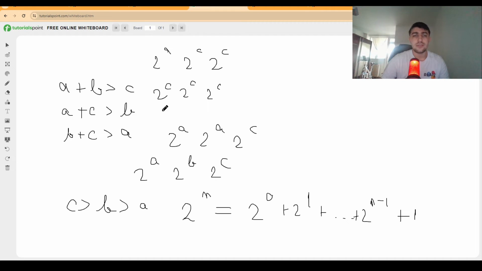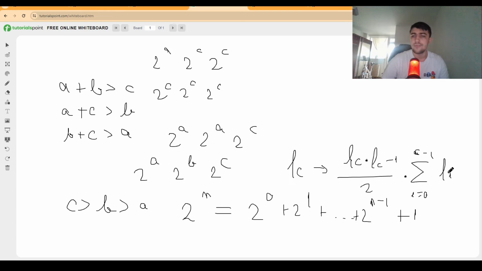So for this first case, 2 at A, 2 at C, we now basically have, let's say, if we know that the frequency of C is Fc, and we know the frequencies of everything before it, we can say that it's something like Fc times Fc minus 1 over 2 times a prefix sum that goes from 0 to C minus 1. So a sum over I from 0 to C minus 1 of F of I.